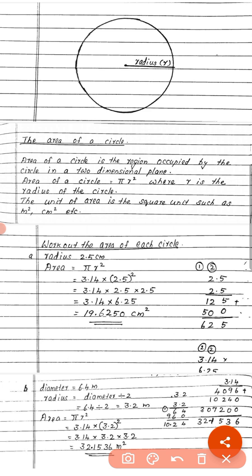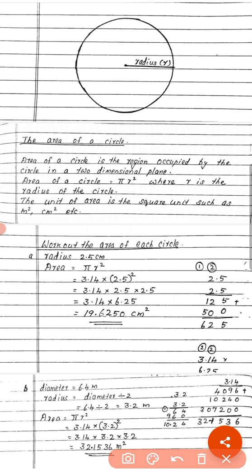R is the radius of the circle. Radius is the length between any point on the circle and its center. Radius is half of a diameter.